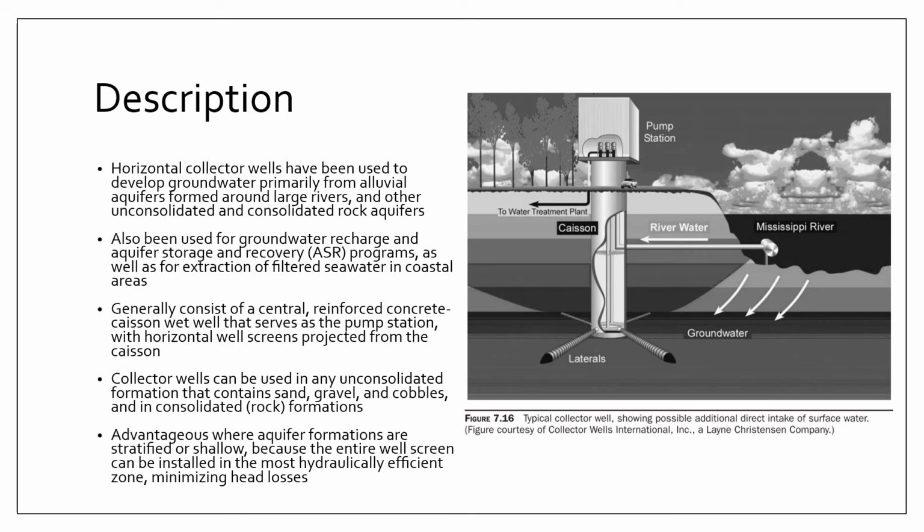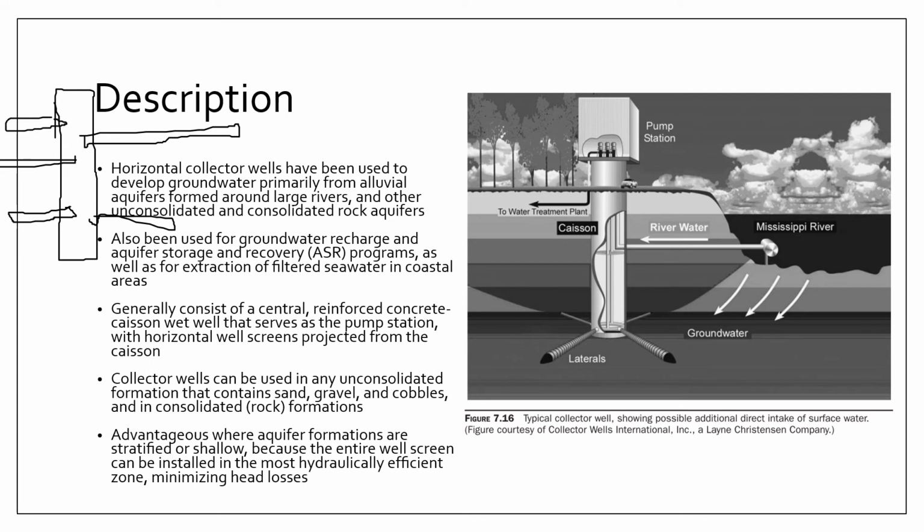Now, let's talk about collector wells or your horizontal wells. All right. A collector well is basically a huge vertical well. So you have a big vertical well, sorry, and then you have horizontal wells that are protruding from your huge vertical well. Right?